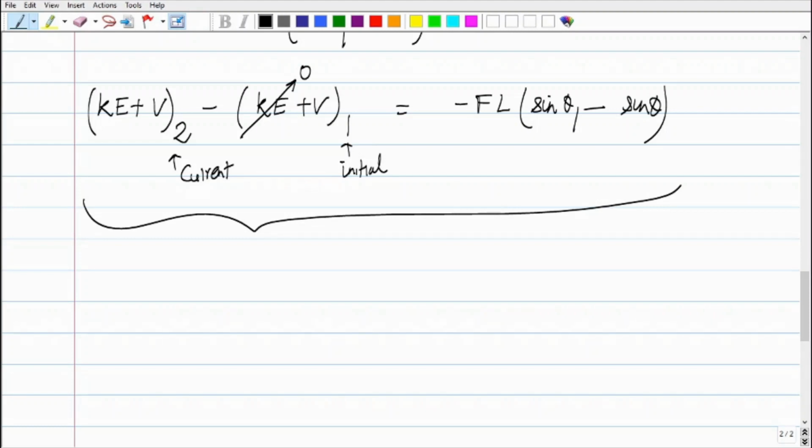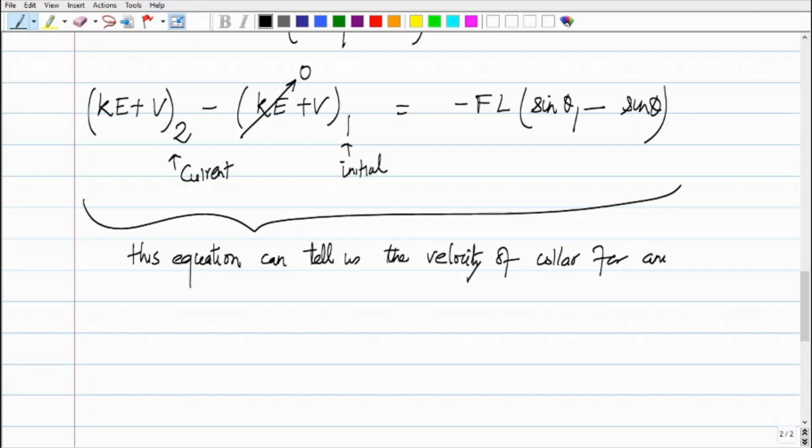So using this equation, we can find out what is the velocity of the collar at any given theta. Okay, so this equation can tell us the velocity of the collar for any prescribed theta.